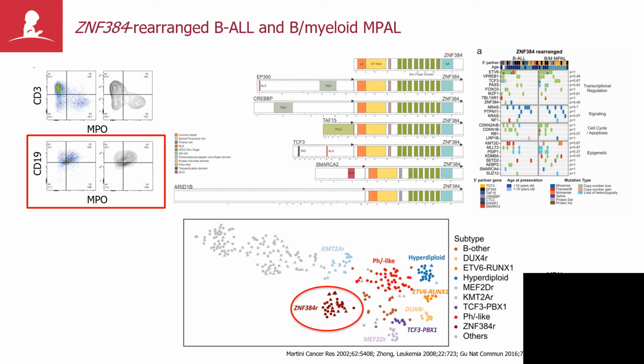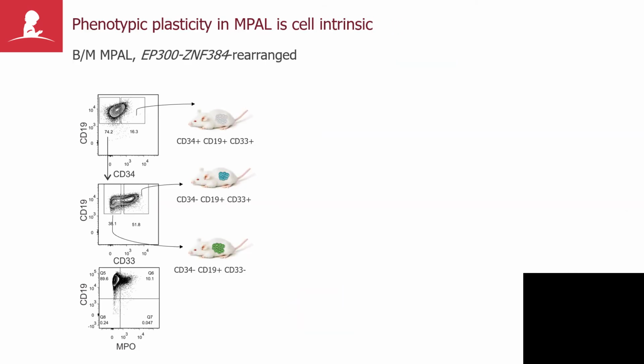So this strongly suggests that this distinction between B-ALL and B-myeloid mixed phenotype leukemia in cases with this fusion is artificial, and really the fusion should be used to identify and classify these cases rather than starting with immunophenotype. It also raises questions as to why we see this immunophenotypic plasticity, and why we see these multiple subpopulations of leukemic cells within the same case.